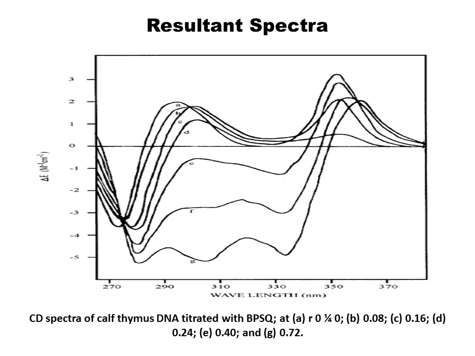This is just an example of a circular dichroism spectrum of calf thymus DNA titrated with a compound. On the x-axis it's wavelength in nanometers, and on the y-axis it's delta epsilon, which is the change in ellipticity.